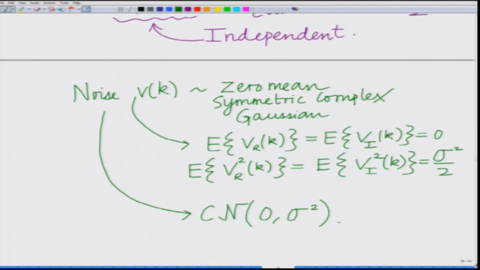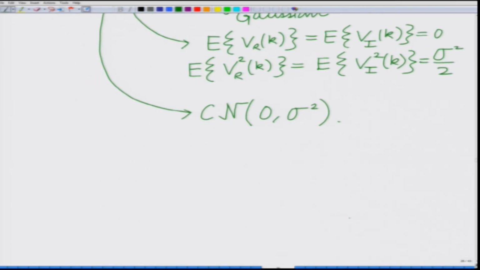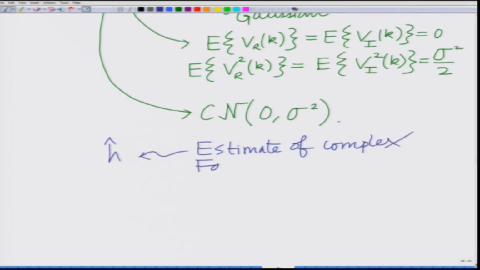Now, in this case, let H hat be the estimate of the complex fading coefficient.